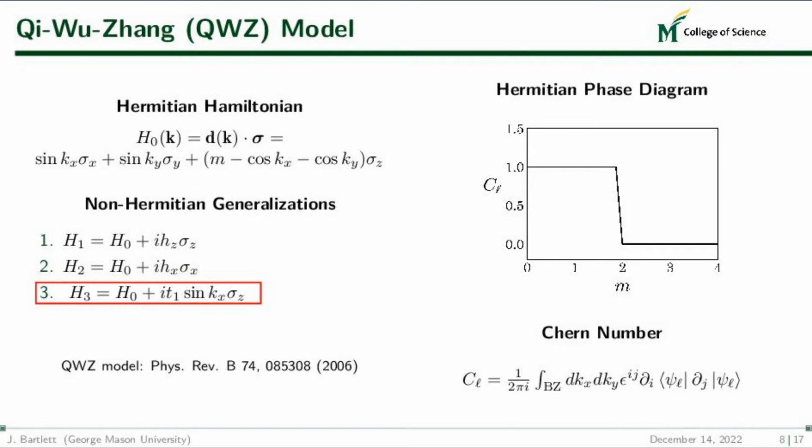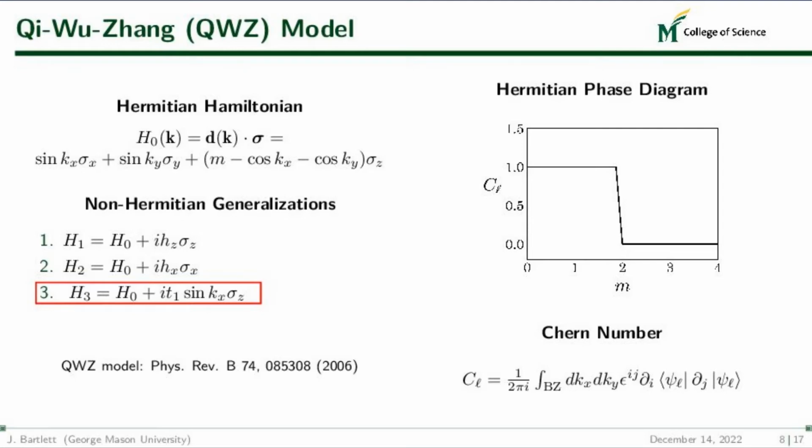The model that we chose to use is the QWZ model. We chose this model because it has a very straightforward, clean-cut phase diagram. The Hermitian Hamiltonian is written here.